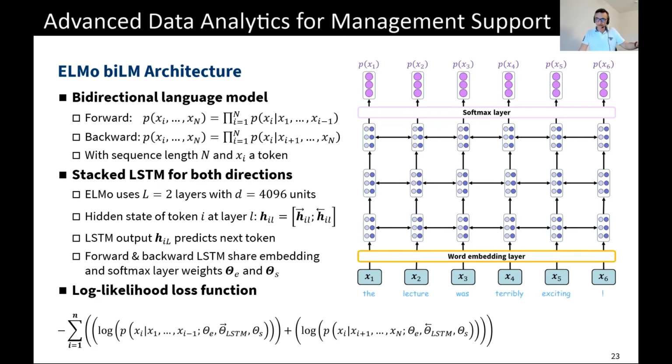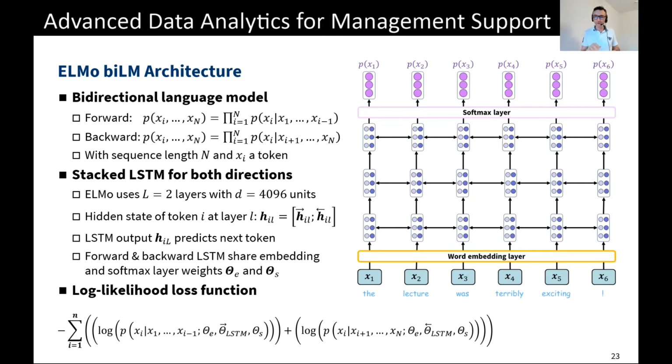Both of these paths are standard language models, so you see the equations that we used before in previous lectures. Language modeling is about predicting the next word in a sequence, so you have the joint probability over the target token x_i, given previous tokens x_1, x_2, x_3, all the way to x_{i-1}. That is the forward path.